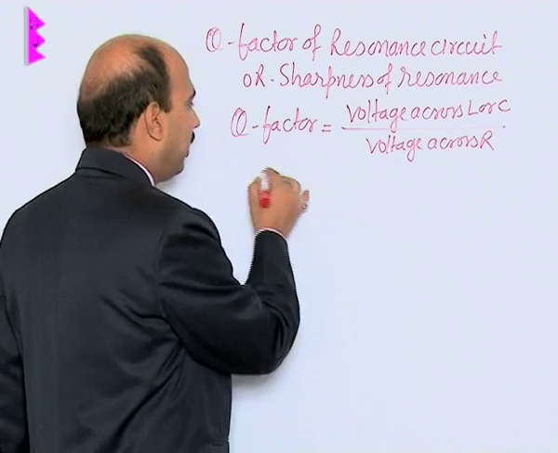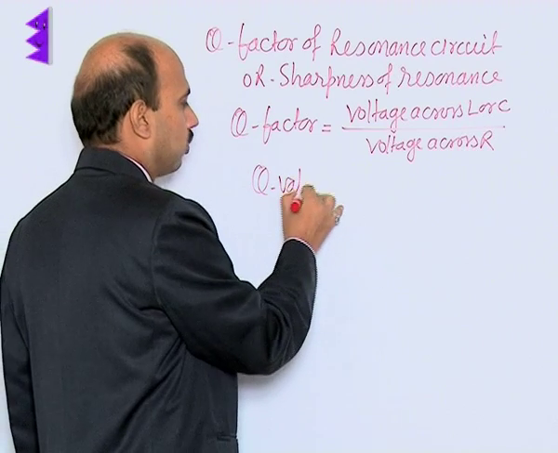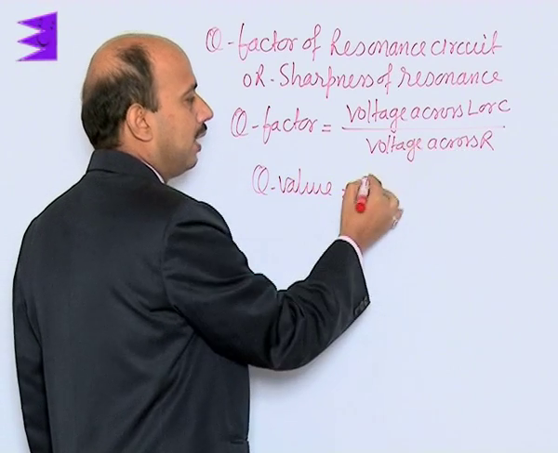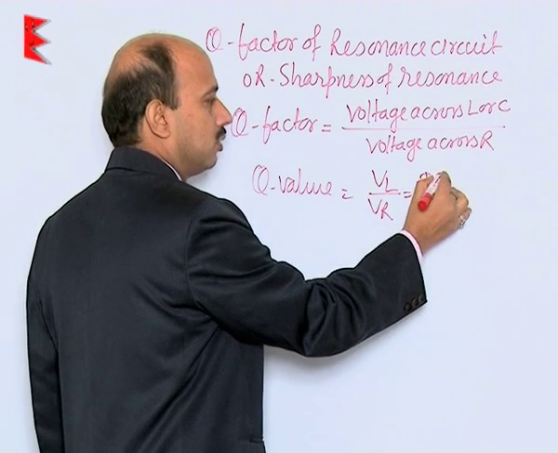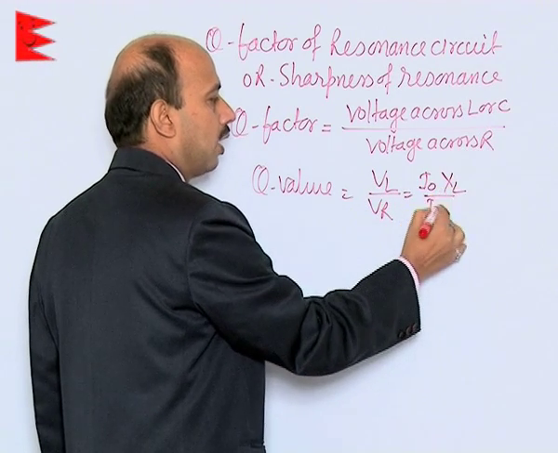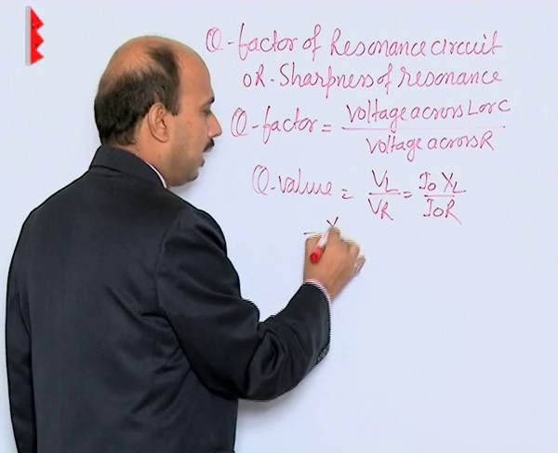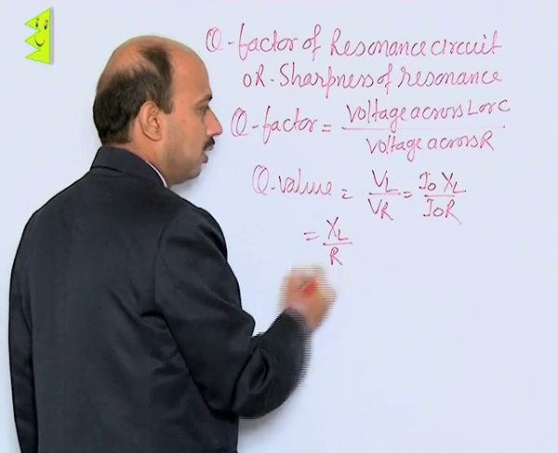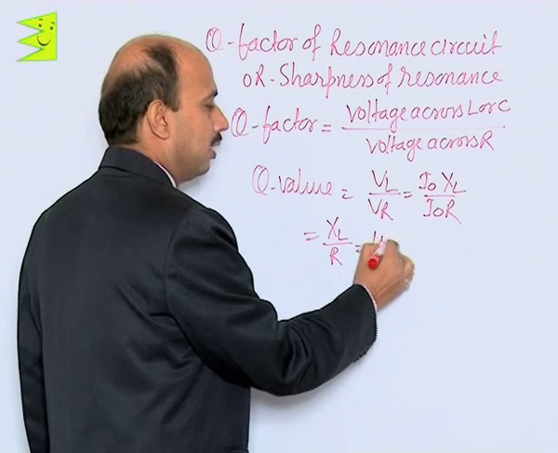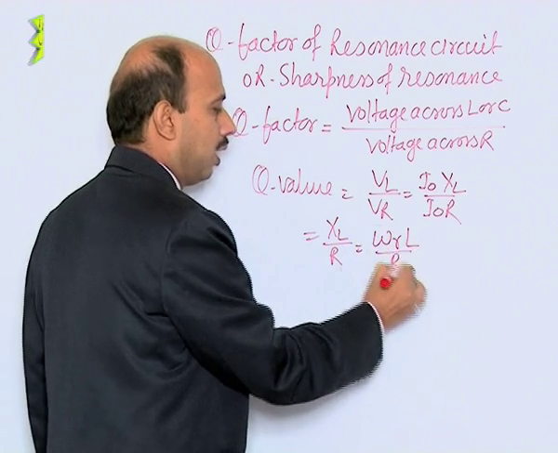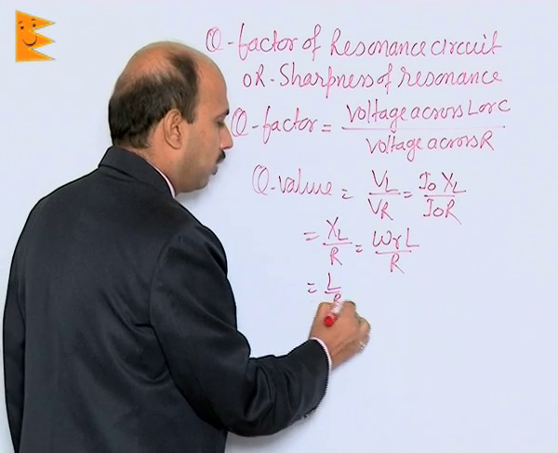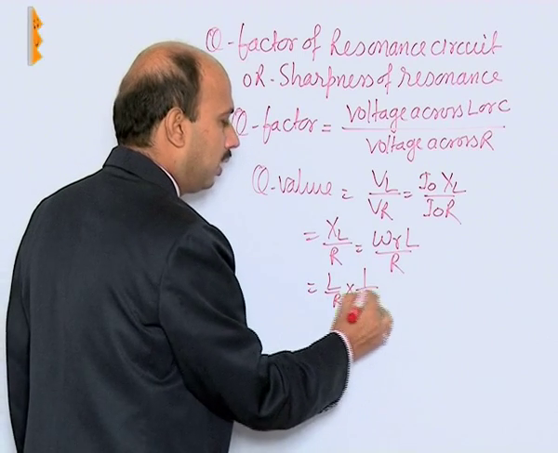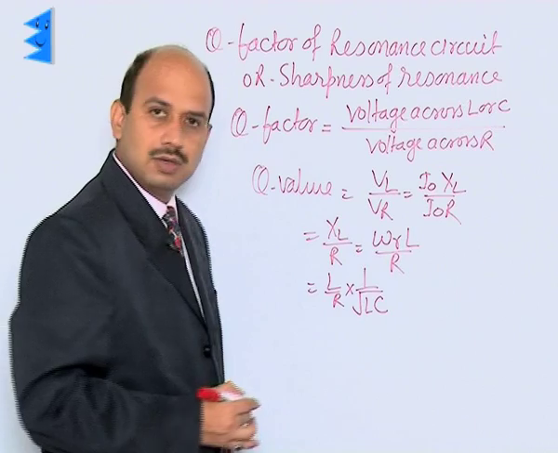Now, we can write the Q value is equal to VL upon VR, that is I naught XL upon I naught R. So we get XL upon R, that is omega R L upon R. Now omega R can be written as 1 upon the square root of LC.